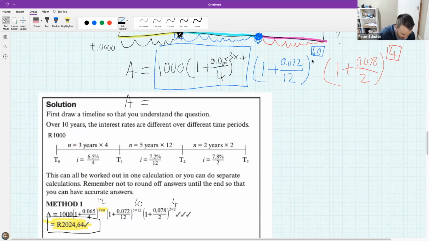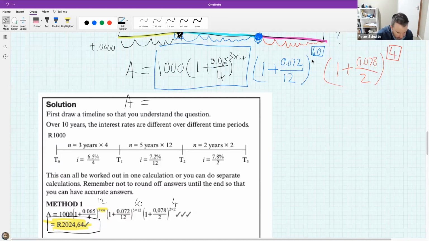So in your calculator, what I would do is have 1,000, then times, and then 1 plus. Actually, let me do this together with you. 1,000 times, open bracket, and then 1 plus 0.065 over 4, to the power of 12.